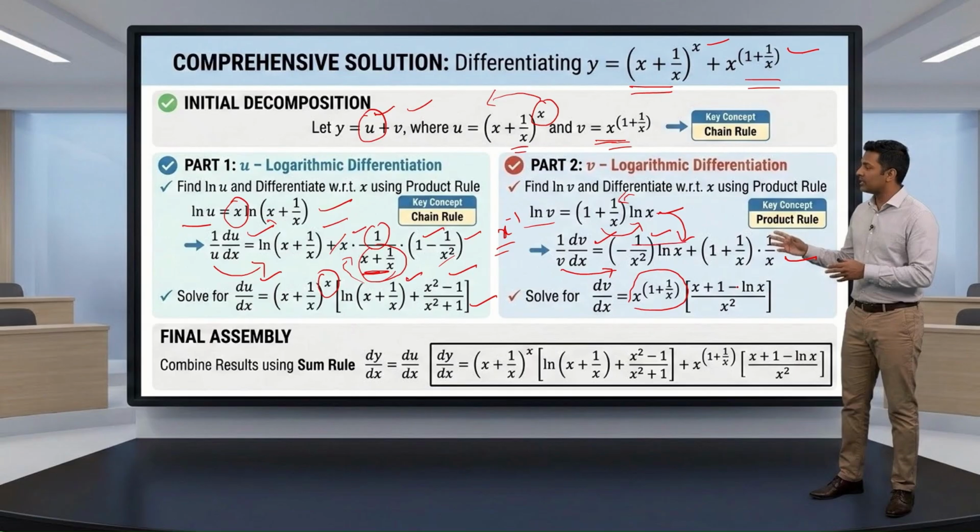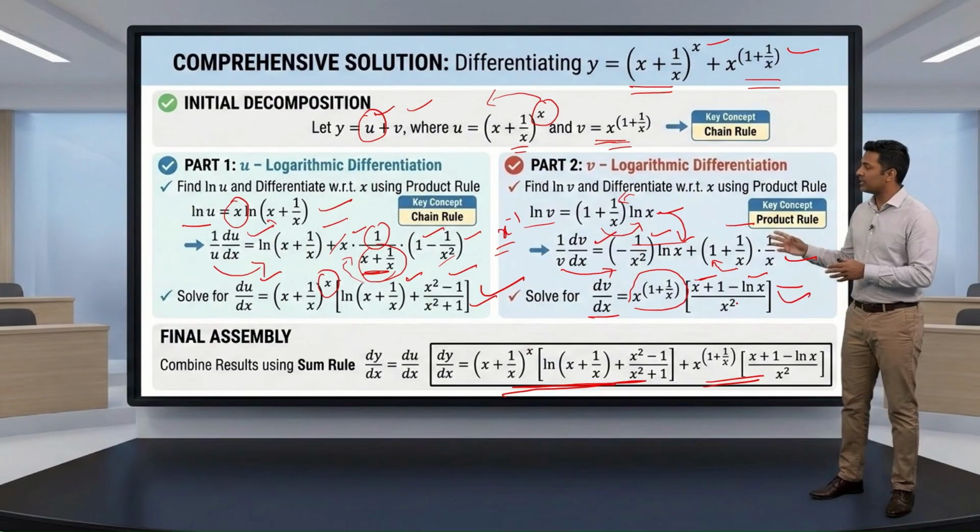Minus log x I wrote here, and x plus 1 will be there, because I am taking x square as the LCM. x plus 1 will be here, minus log x is here. This is dv by dx. Finally, dy by dx is equal to du by dx plus dv by dx. Here du by dx is there, dv by dx is there.